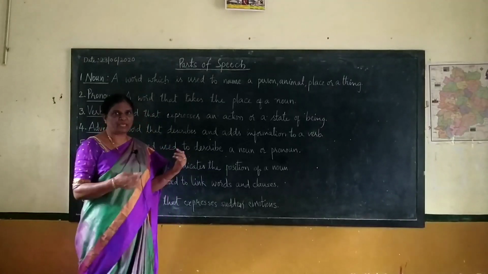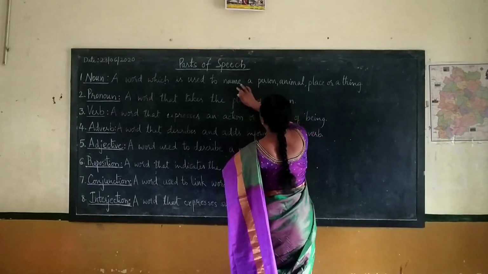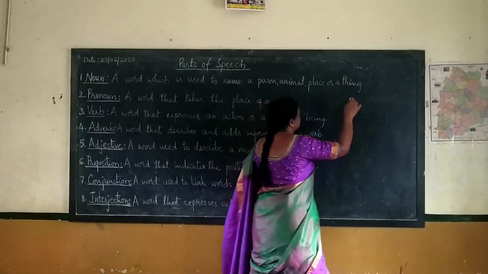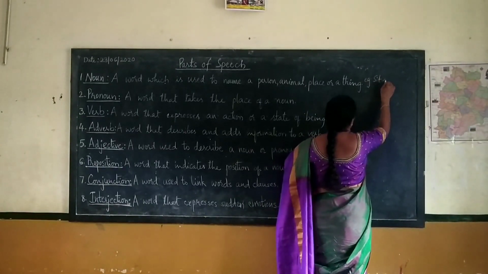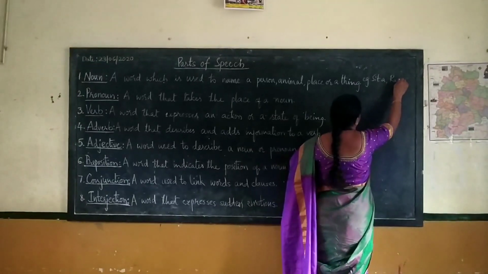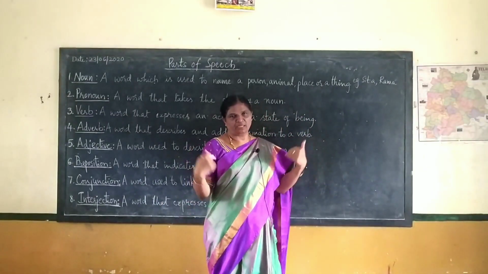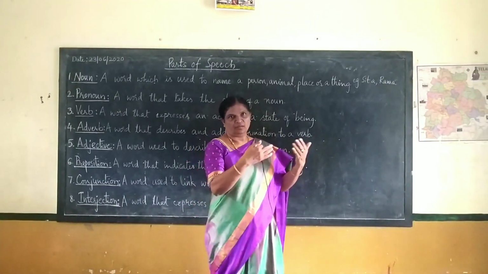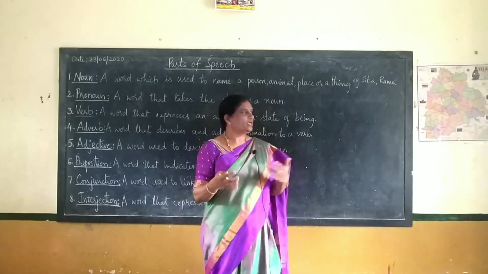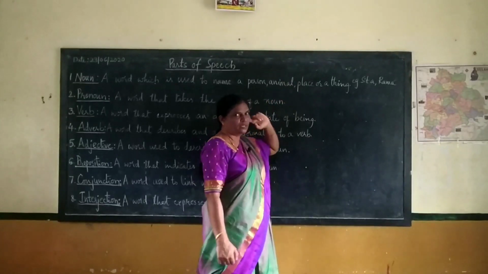Let me give some examples so that you can understand clearly. Name of a person, for example, Sita, Rama, and all our names, like my name is Esther, and Sirisha, Ravi, Raju, etc. And name of animal.